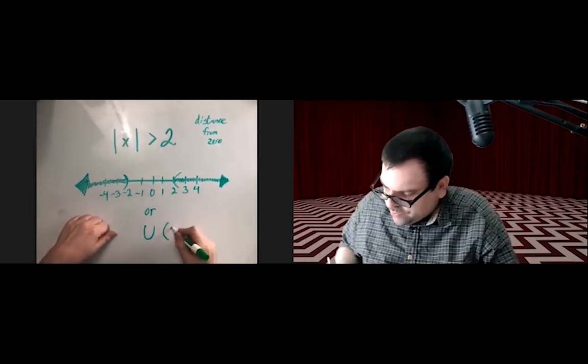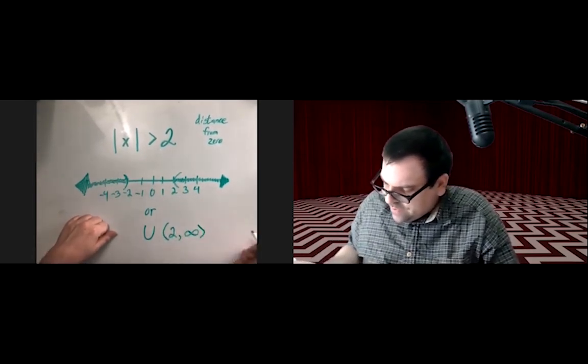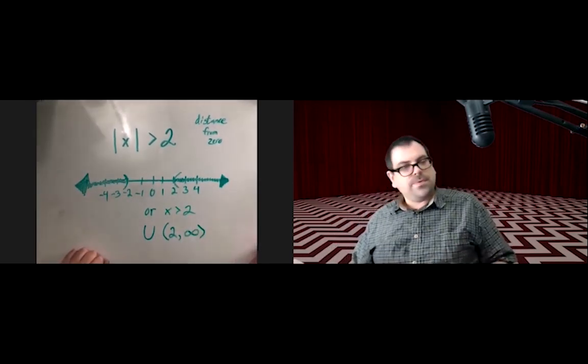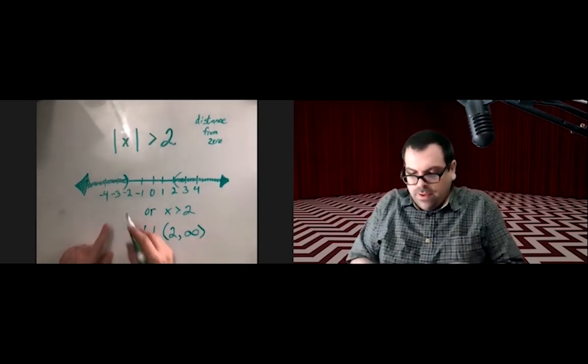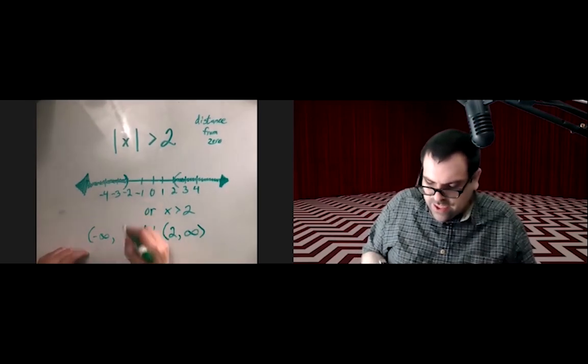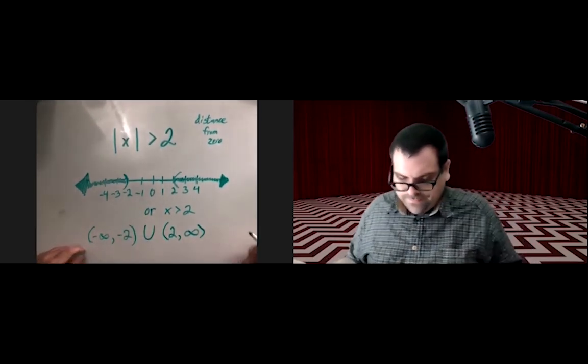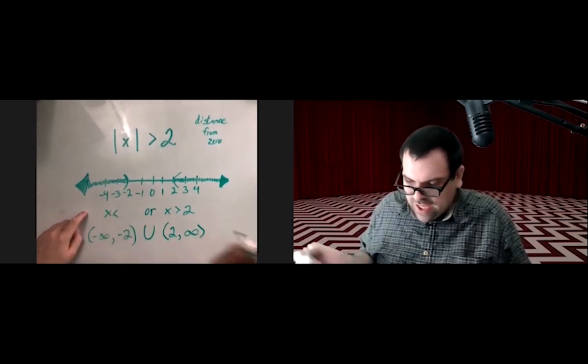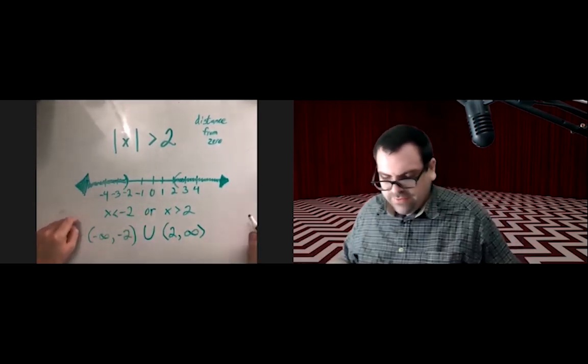This interval 2 to infinity is the same as x greater than 2. This interval, -infinity to -2, that's x less than -2.